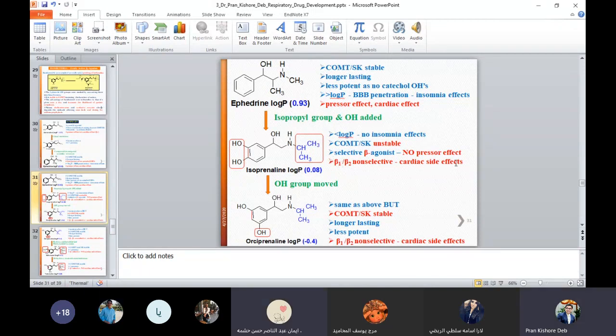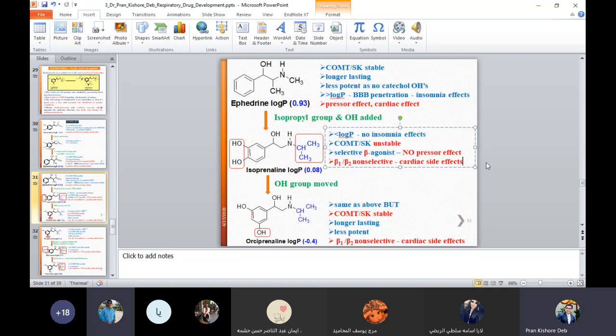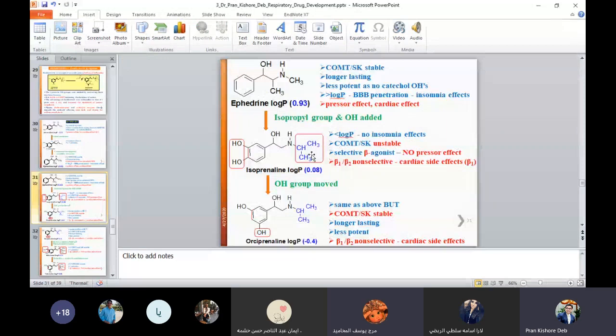The cardiac side effect is because of which receptor? Beta 1. Because of the catechol, what is the other disadvantage? It is unstable to COMT and MAO.